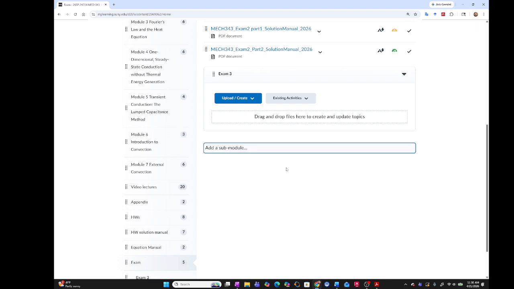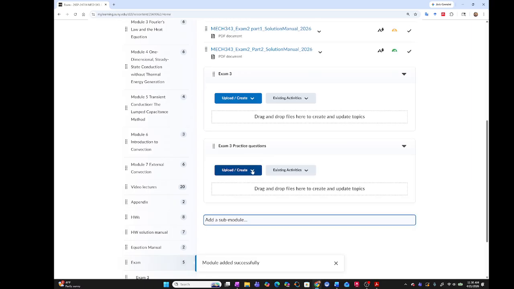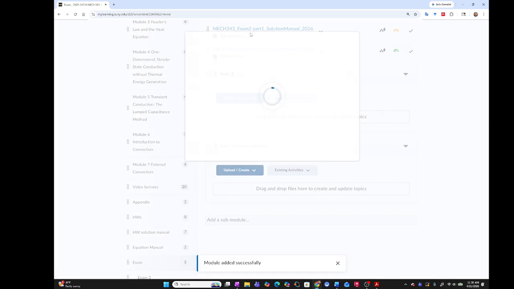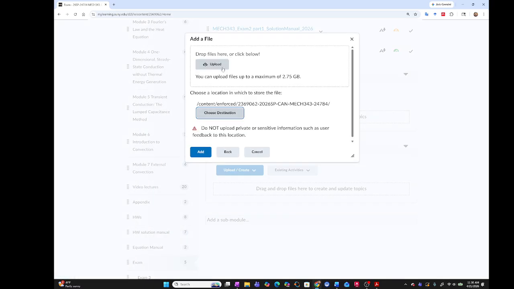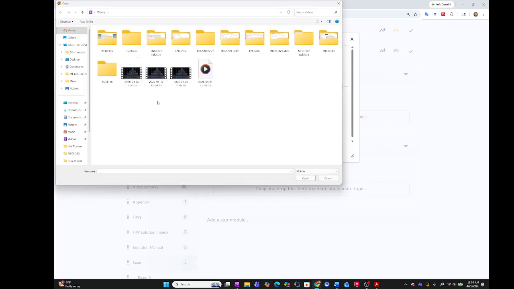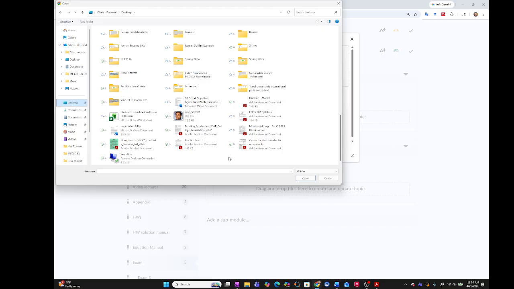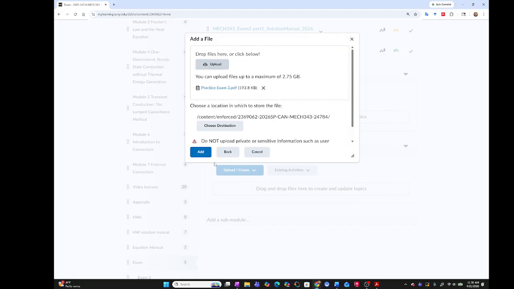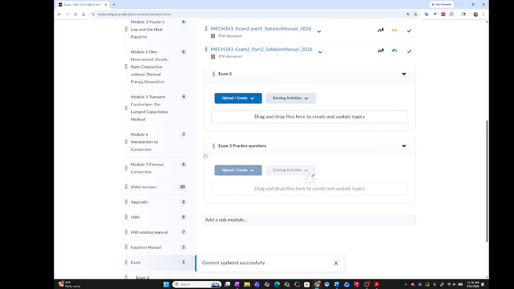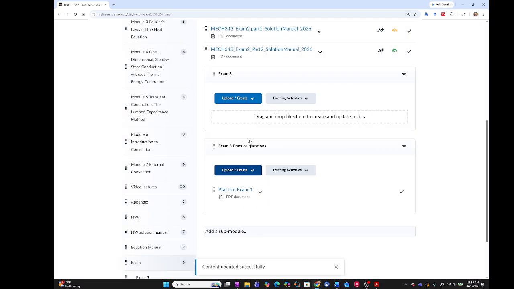Okay, so there won't be any confusion, because I'm gonna upload the exam 3 on Thursday. So on that day, a student may get confused if I have it under that. So practice exam 3. All right. So everybody, you see where it's located? There is a folder under this exam called exam 3 practice questions, and in that folder there is this practice exam 3.